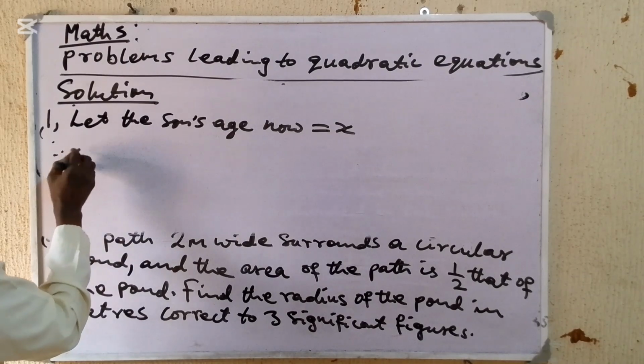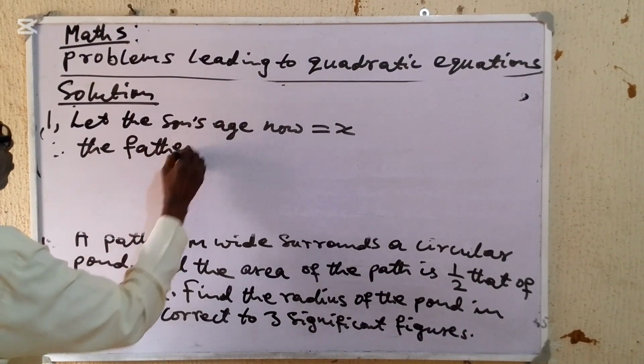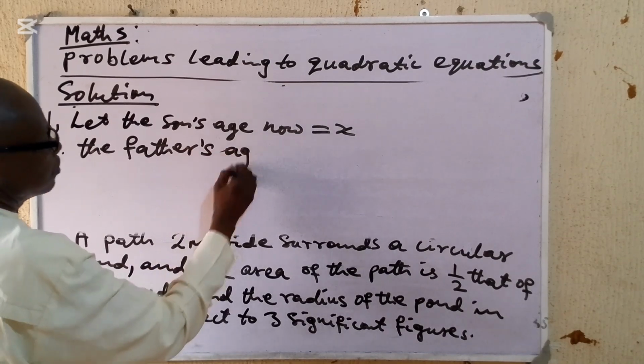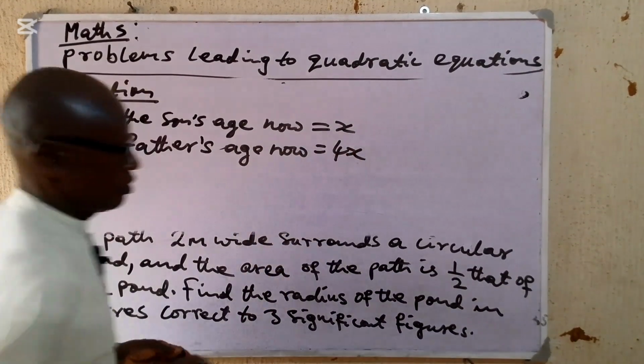Therefore, the father's age now should be 4x.